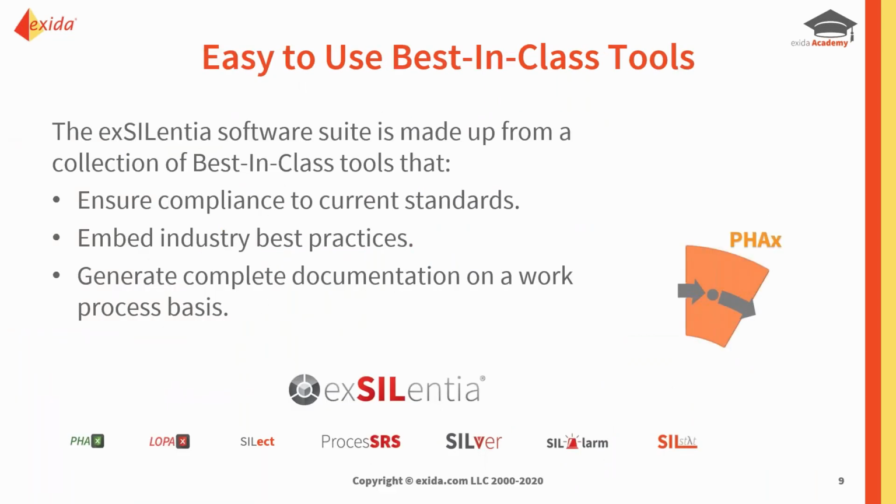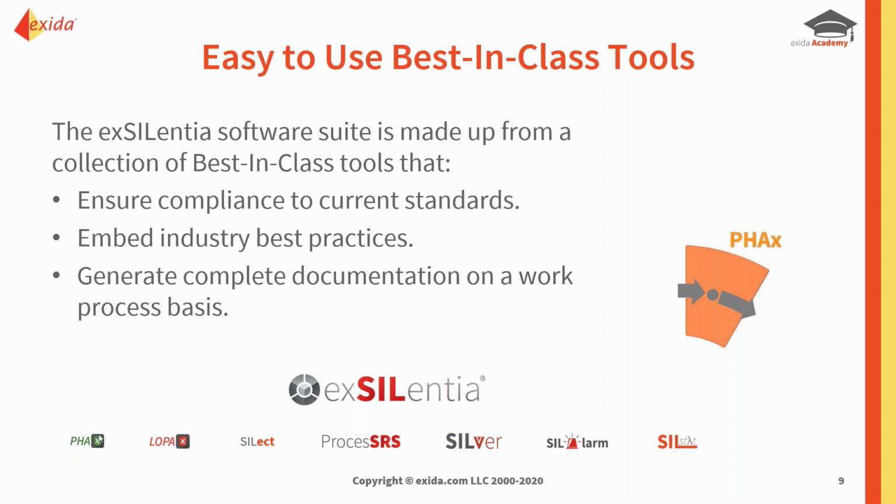I mentioned Excelencia already. We have various modules of Excelencia, which are either standalone or you can buy the complete suite. And there's the PHA tool. So if you need to do a hazard and risk assessment, the FACS tool can handle that. We can also import from PHA Works or PHA Pro or through a CSV file.